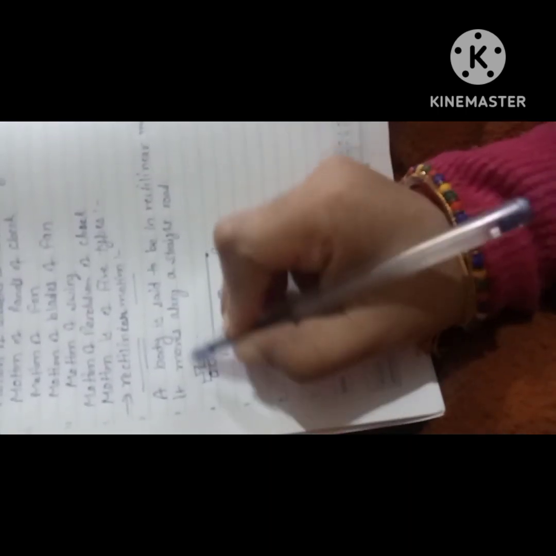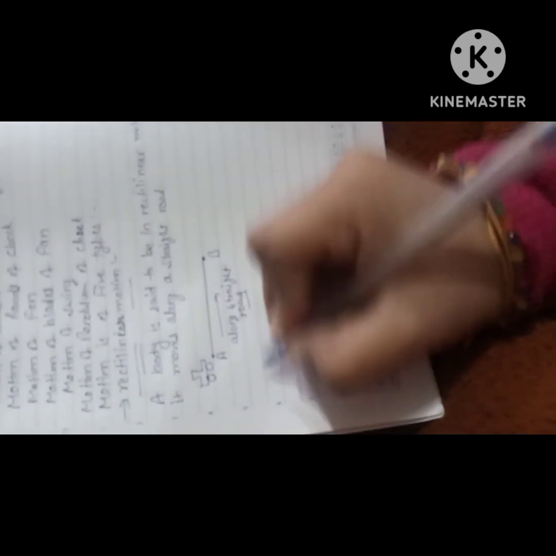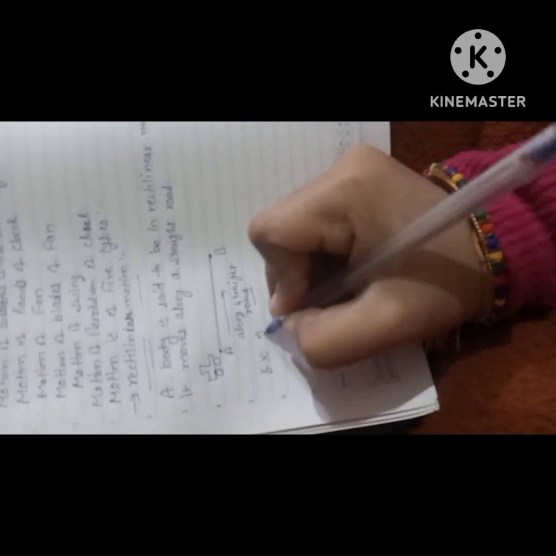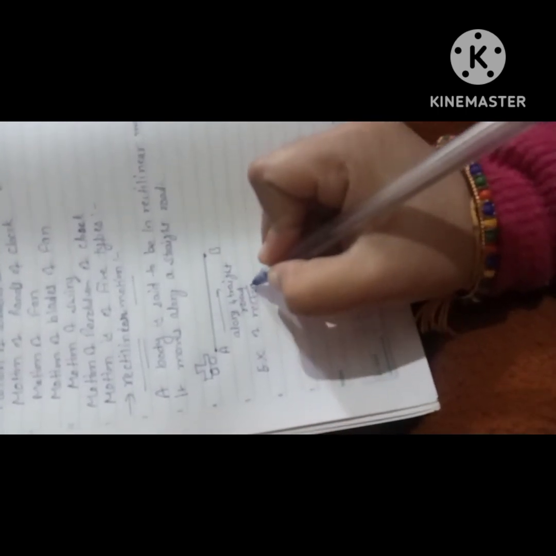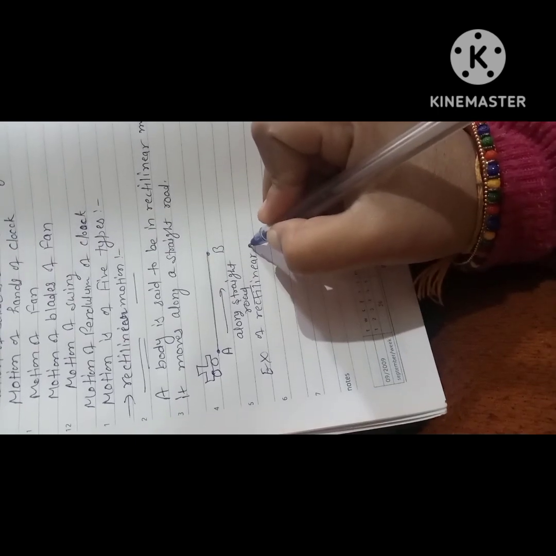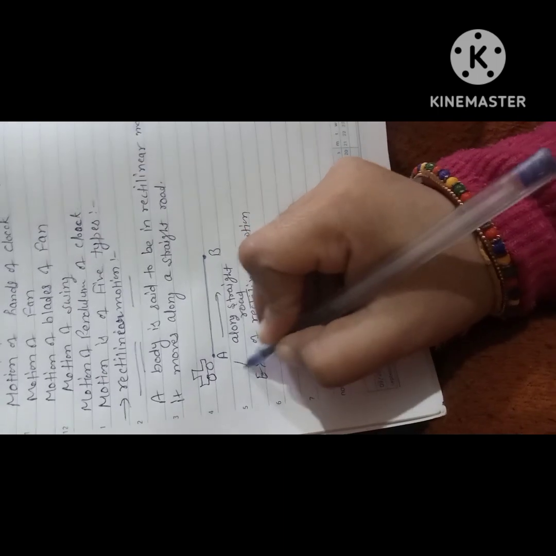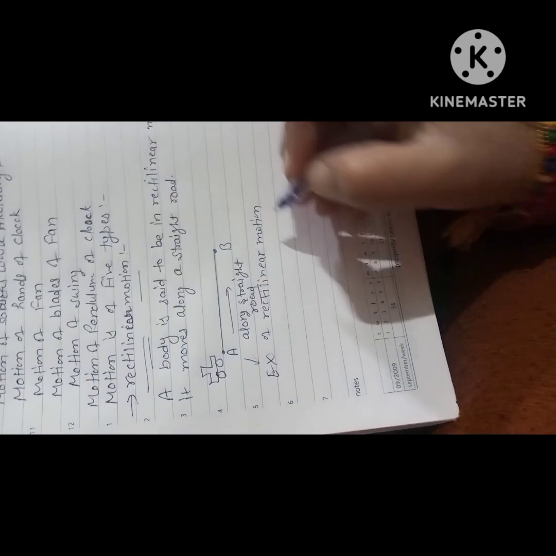So the motion of this car will be rectilinear motion. So this will be the example of rectilinear motion.